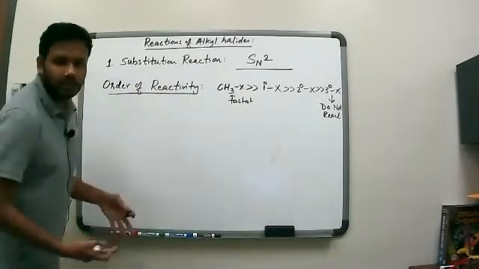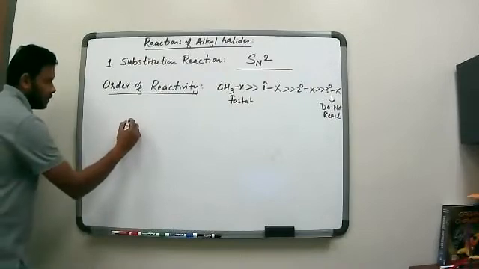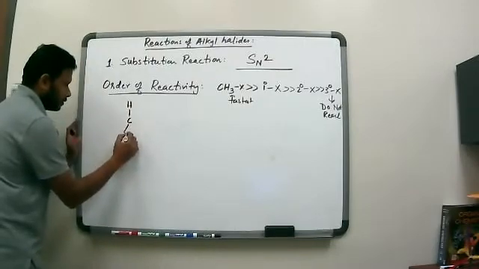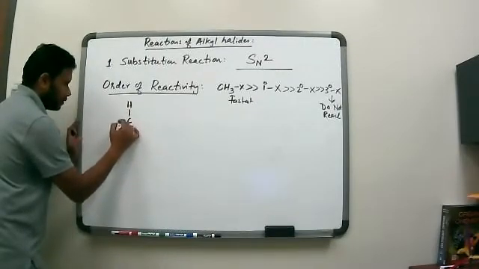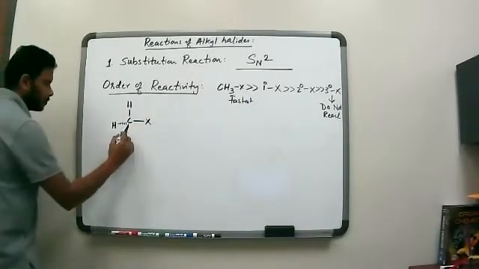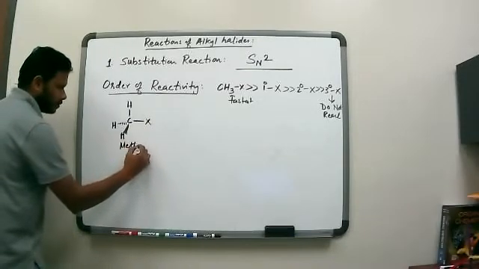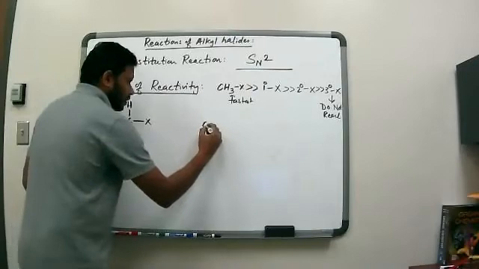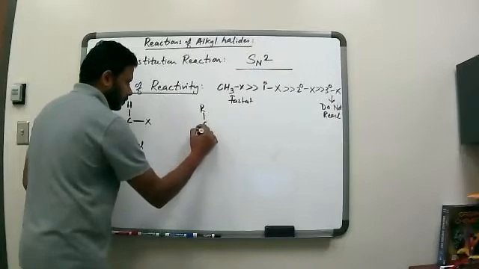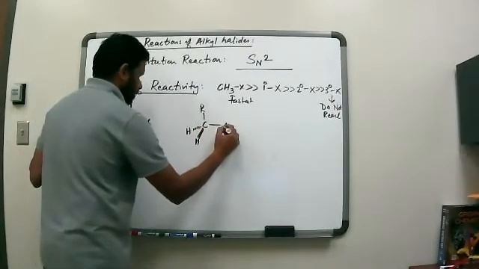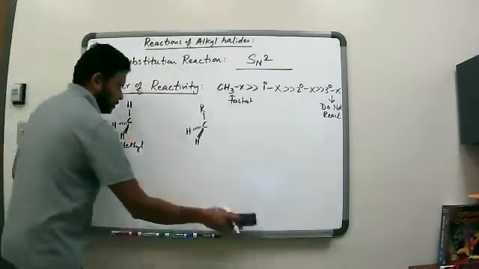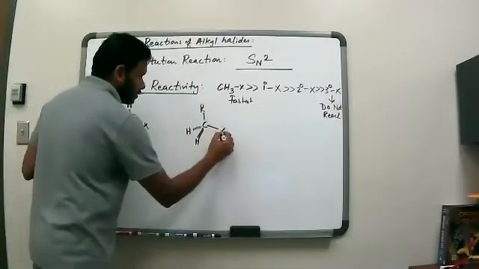What we're looking at here is methyl, primary, secondary, tertiary. So we have a carbon with three hydrogens to it. That's a methyl. And then we have a carbon with X. Maybe I'll try it so that it looks like a tetrahedron a little bit more.